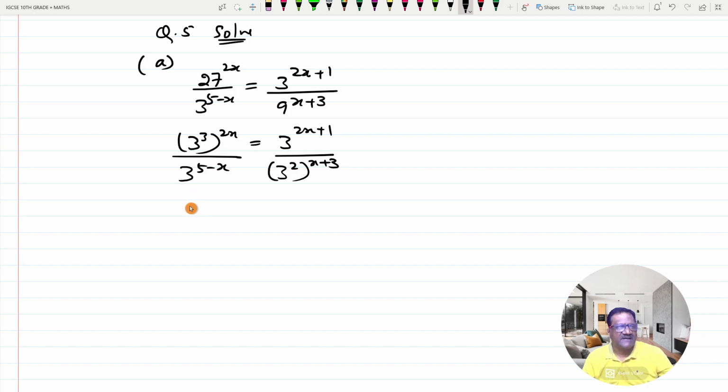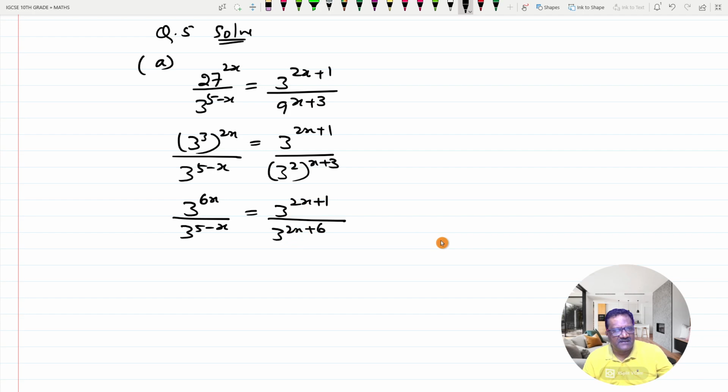Now what I'll do, 3 raised to 3 into 2x will be 6x upon 3 raised to 5 minus x I'm keeping as it is, equal to 3 raised to 2x plus 1 again I'm keeping as it is. Here what I'll do, 3 raised to 2 into x plus 3, that is 2x plus 6. Done.